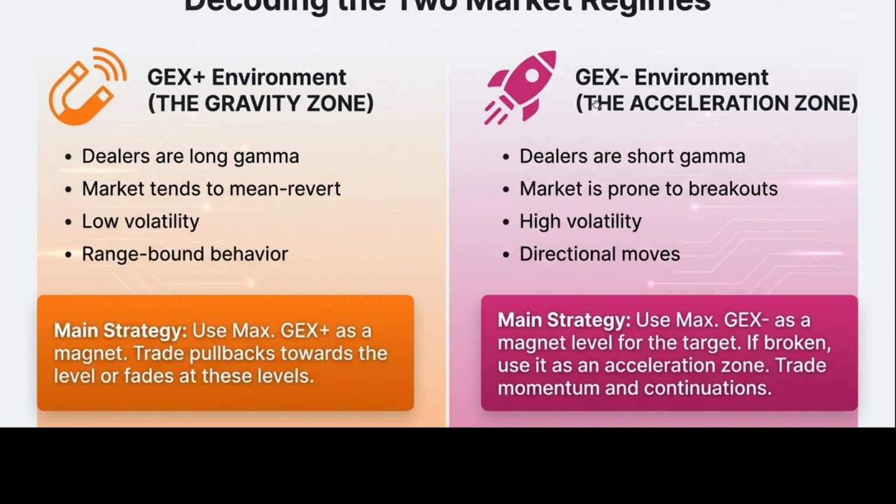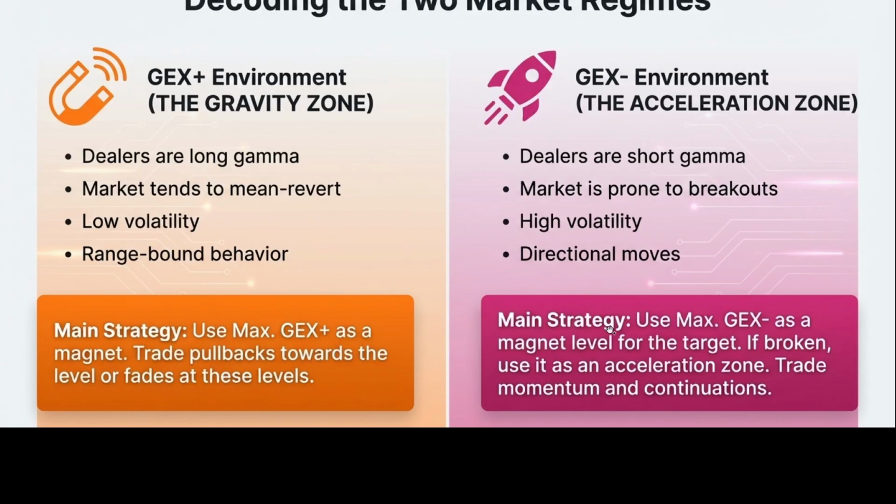In the negative gamma environment, the acceleration zone, dealers are short gamma. The market is prone to breakout. There is high volatility and big directional moves. We do not expect to trade against the price here.